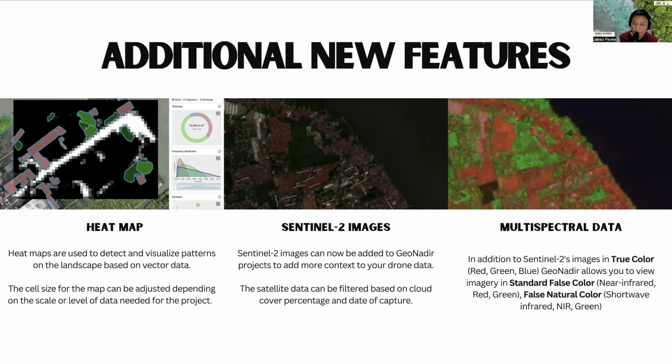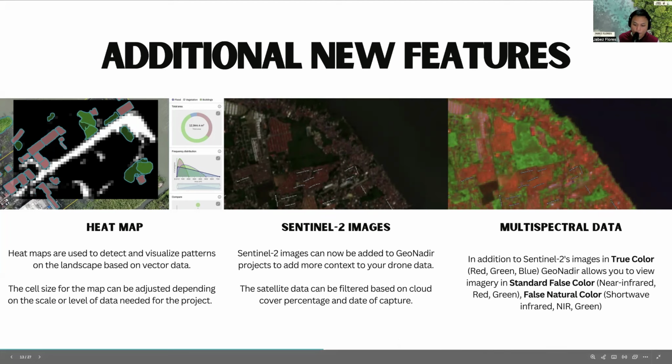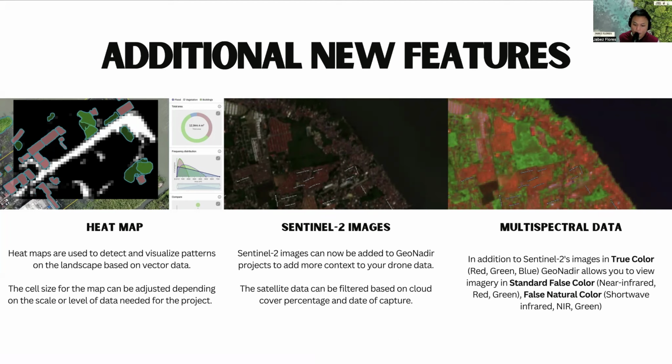But it doesn't stop with RGB images though, like this one. We can also view multispectral imagery in standard false color, which is near infrared or near red and green bands, and false natural color, which is shortwave infrared or SWIR, near and green bands.